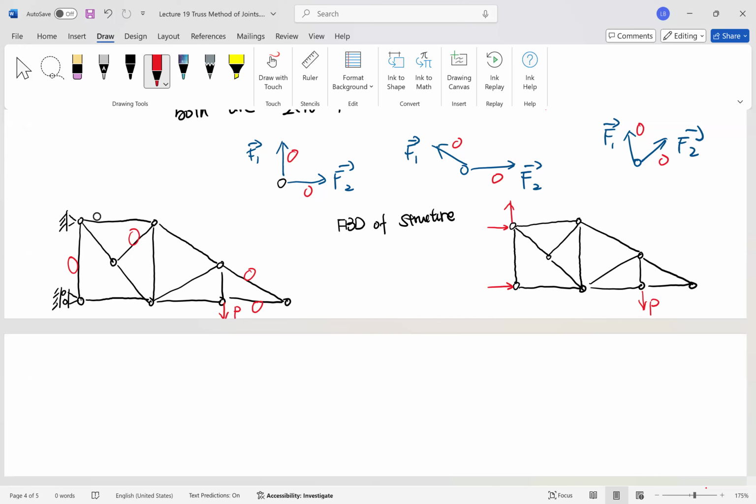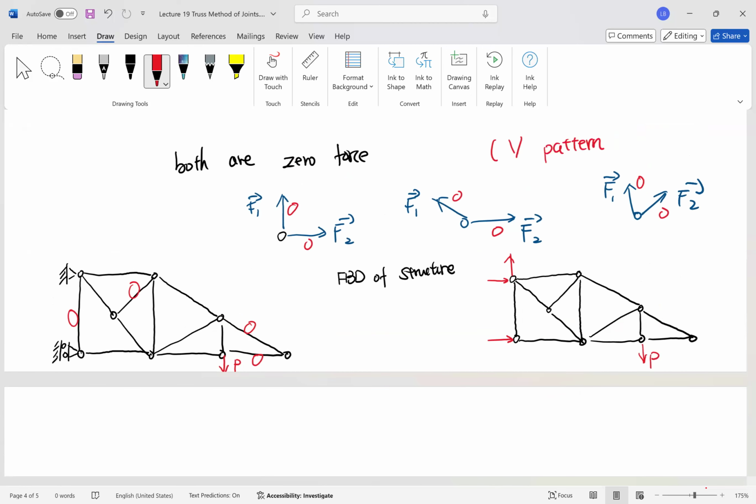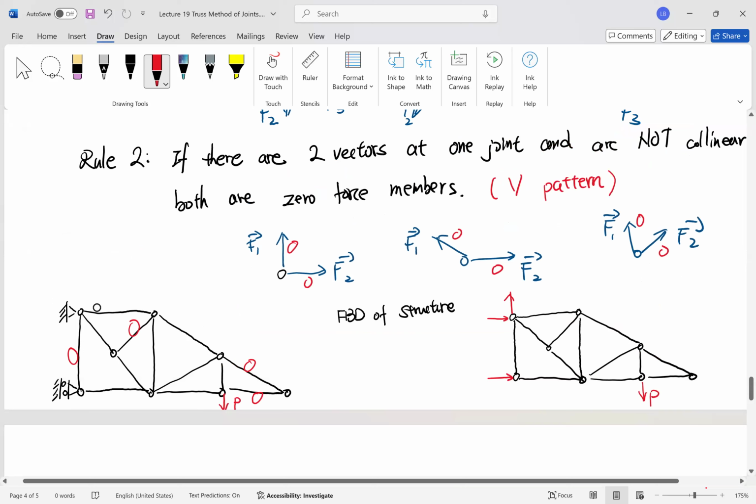Okay. So now, for each of the nodes, you may look at how many forces are there. And actually, first thing is that we have a T pattern here, right?